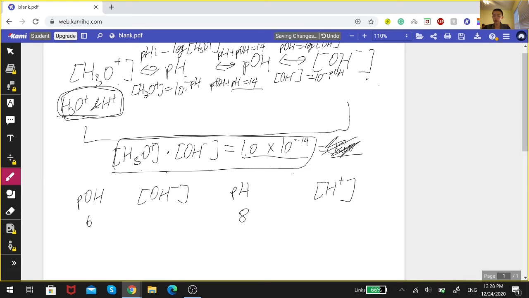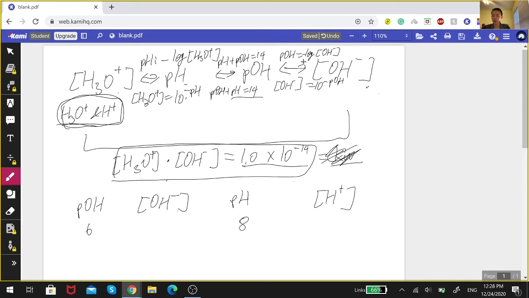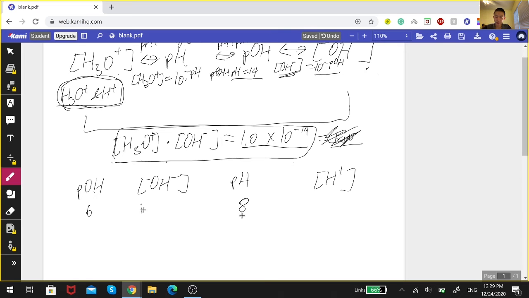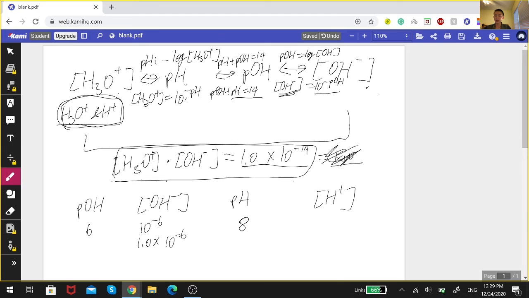Now, OH minus is equal to 10 to the negative pOH power. So OH minus is equal to 10 to the negative 6th power, which we can write as 1.0 times 10 to the negative 6th power. And H plus is the same thing.